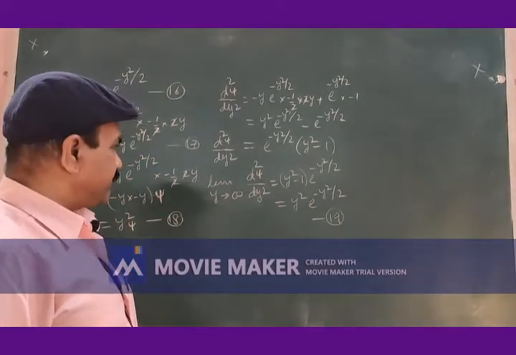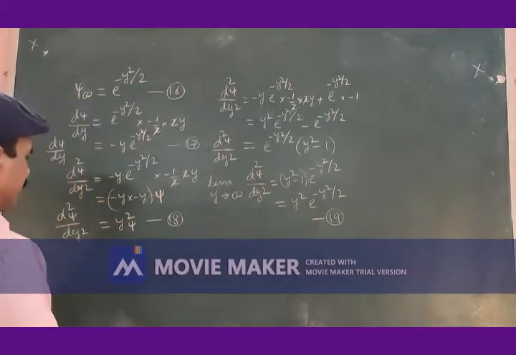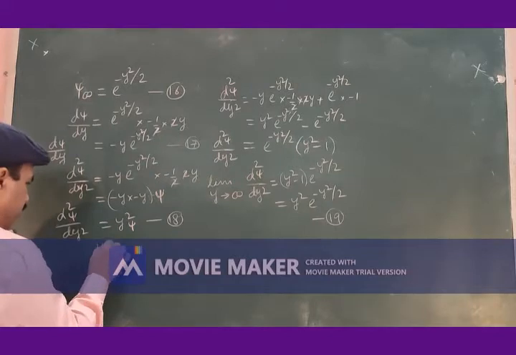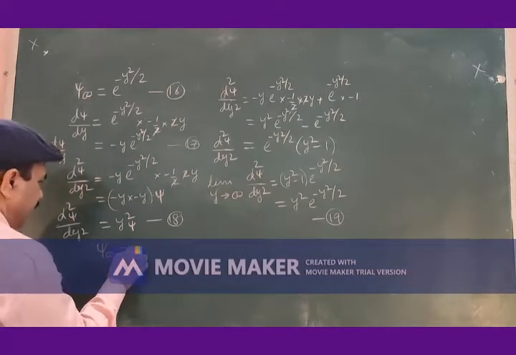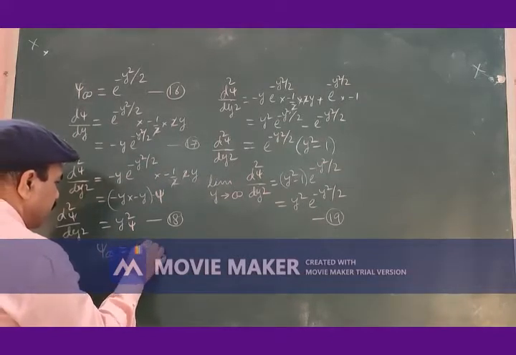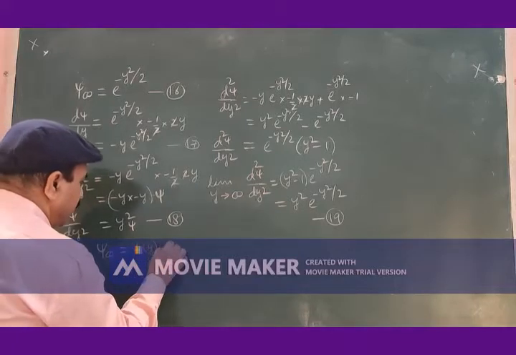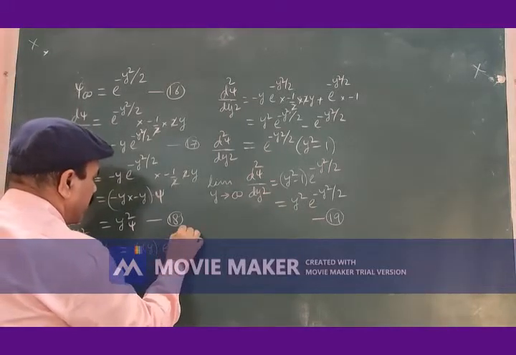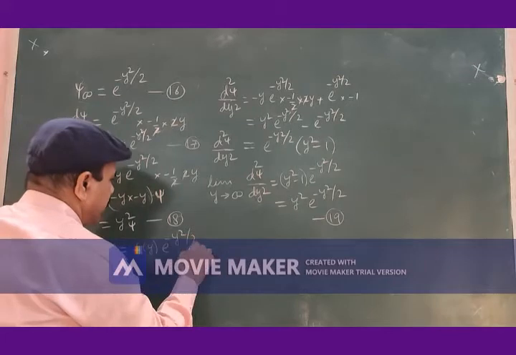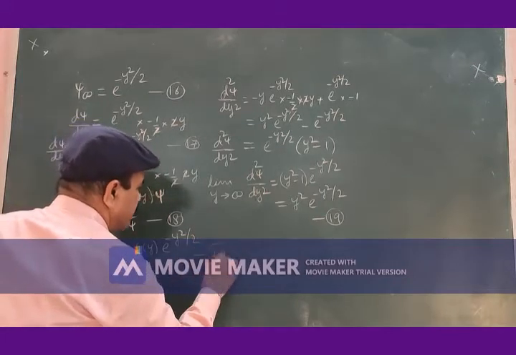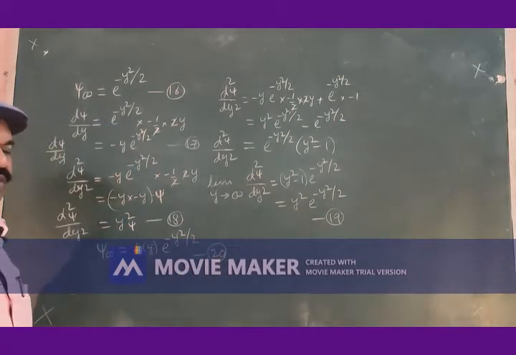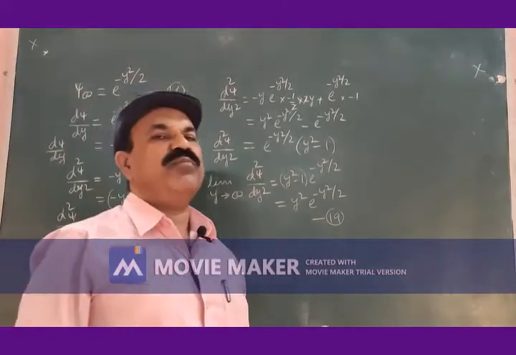Then the wave function psi infinity is simply written as f of y into e to the power minus y square divided by 2, equation 20, as the asymptotic form of the equation.